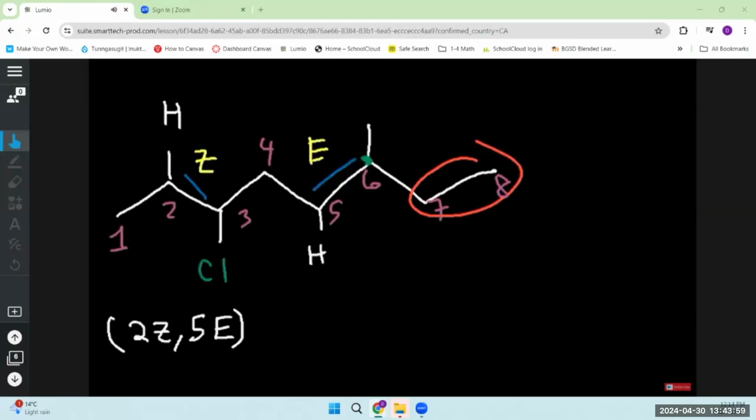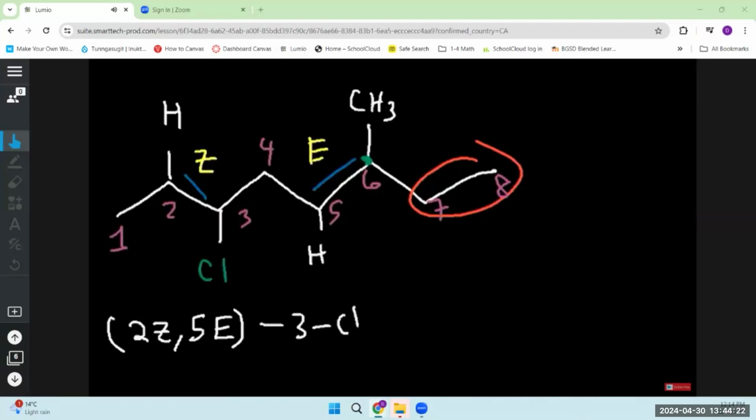So if you have 2 or more double bonds, you need to put the number next to the E or Z letter to specify each double bond and its specific stereochemistry, so to speak. Now we have a chloro group on 3 and a methyl on 6. So let's put it in alphabetical order.